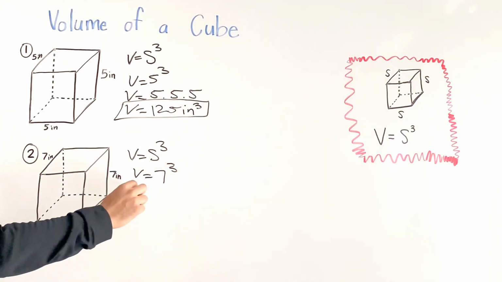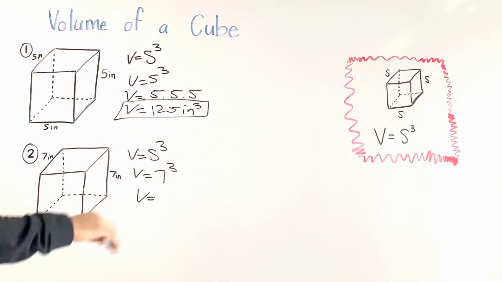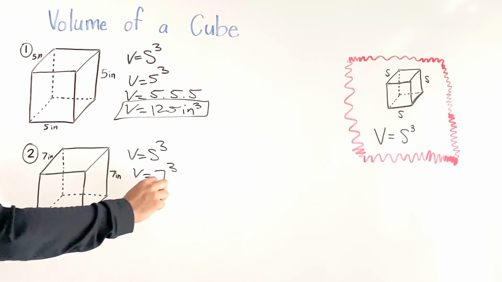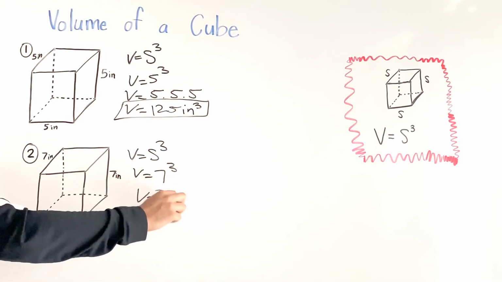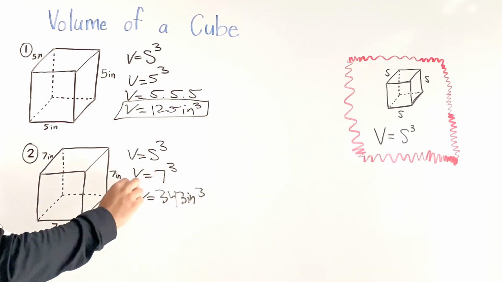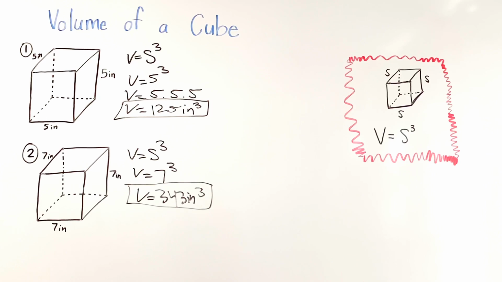Same thing, just going to skip this part here where I write all the 7s and go 7 to the third power is the same as 7 times 7 times 7, and when you multiply all that, I get 343 inches cubed, okay?